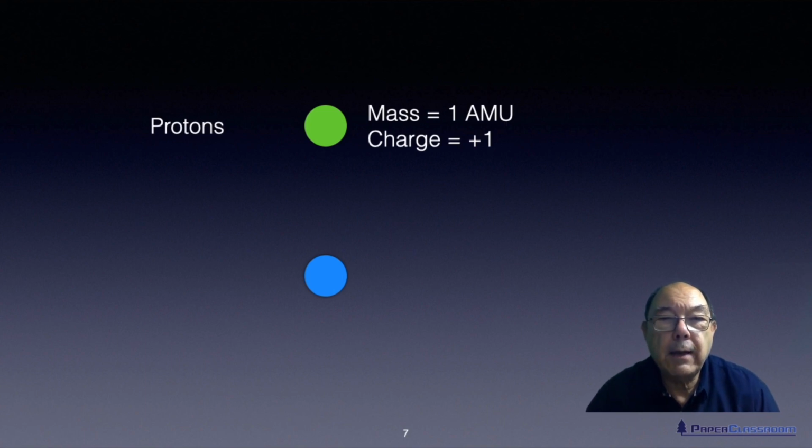A proton, as you can see there, has a mass of 1 atomic mass unit, and it has a charge of +1. Where these units come from is it's an arbitrary unit in a way. If you were weighing a ship, you'd be measuring it in tons.